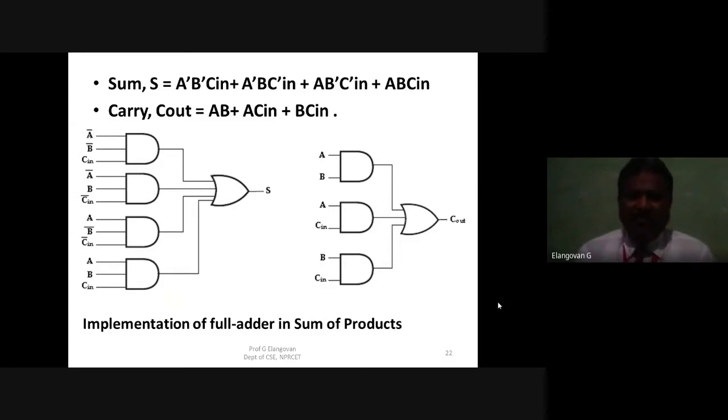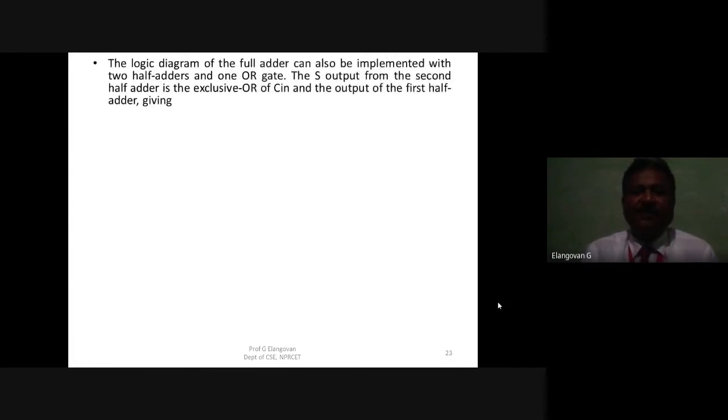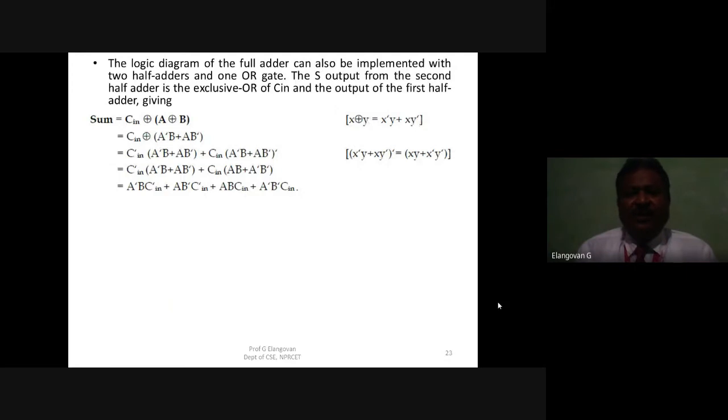So we are trying to find out whether there is any possibility of having reduced or minimum expressions. We are trying to reduce the circuits, to minimize the logical circuit in a different way.